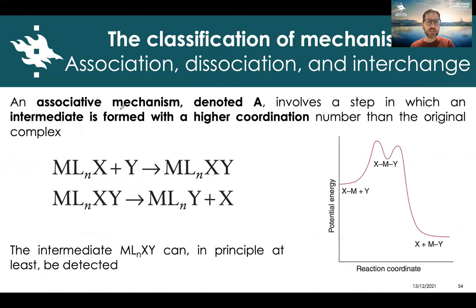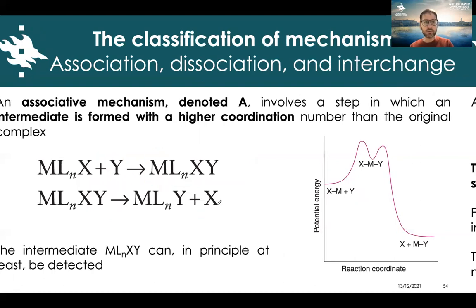In the associative mechanism, first the entering group binds to the metal, forming an intermediate having a higher coordination number, and then in the next step, the bond with the leaving group is broken and the leaving group is released from the molecule.